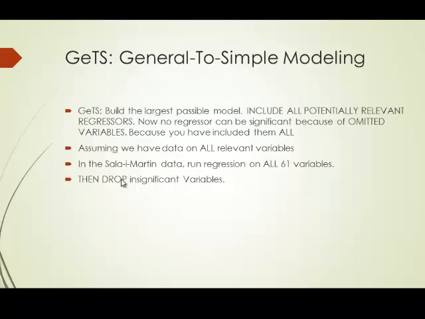Build the largest possible regression. So in the Sala-i-Martin data, you run a regression on all the 61 variables, and then you drop the insignificant variables, and that is how you get to your simple model.